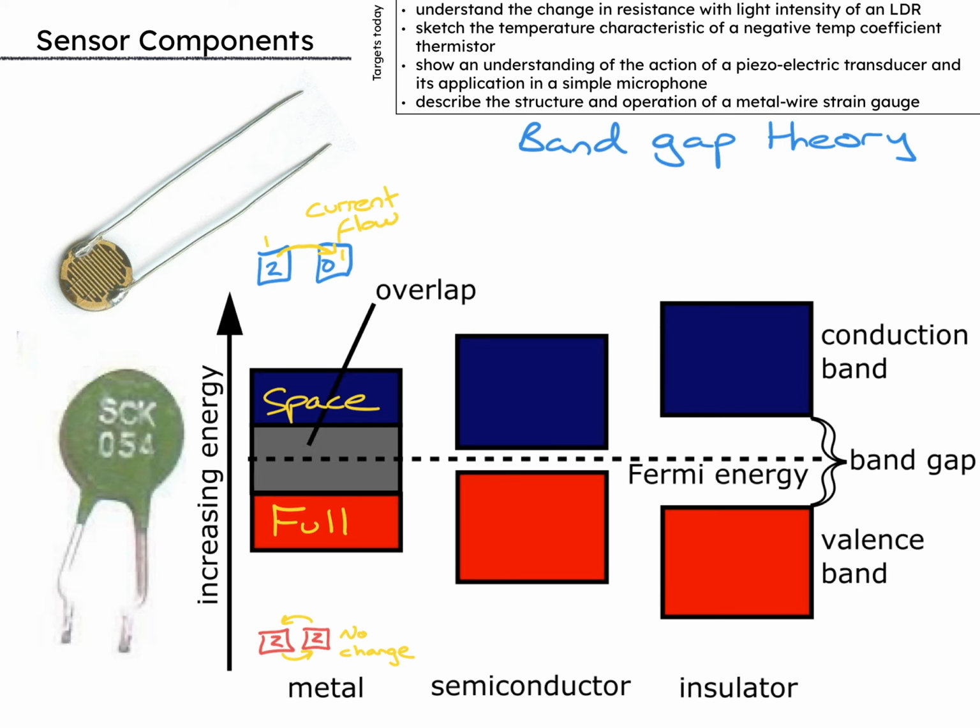In a metal, the valence bands and conduction bands overlap, so there is a good supply of electrons that can move around. In an insulator, there's a big band gap between the two bands. Electrons can't get from the valence band up to the conduction band, so charge can't flow.